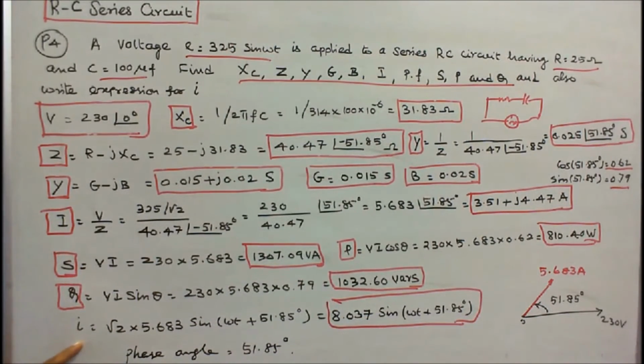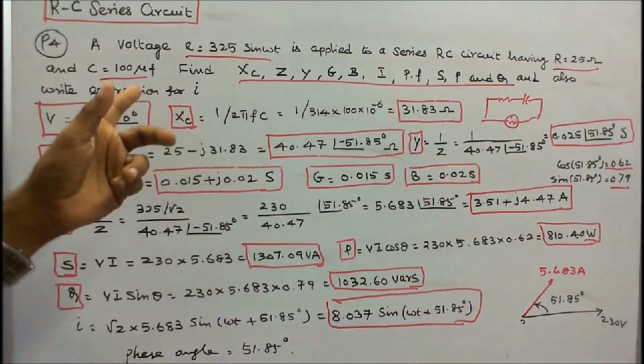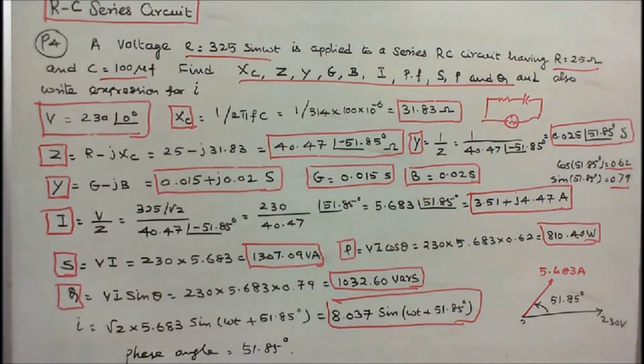Instantaneous current i = √2 × I = 5.683 × √2 sin(ωt + 51.85°). That means the current leads the voltage by 51.85°. That is equal to 8.037 sin(ωt + 51.85°).